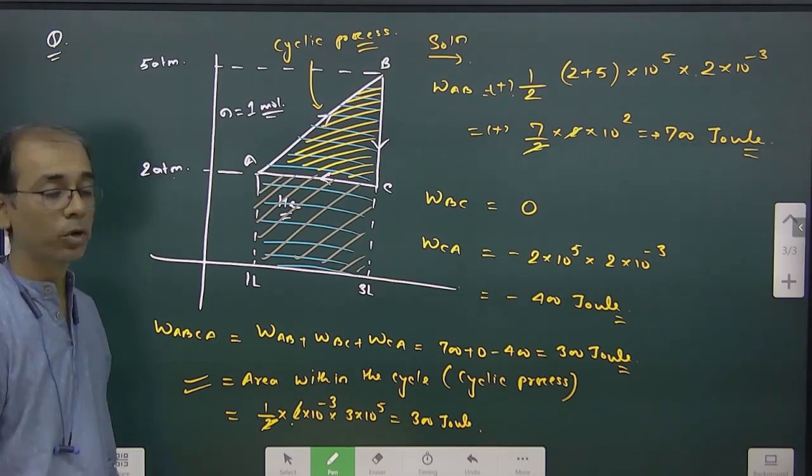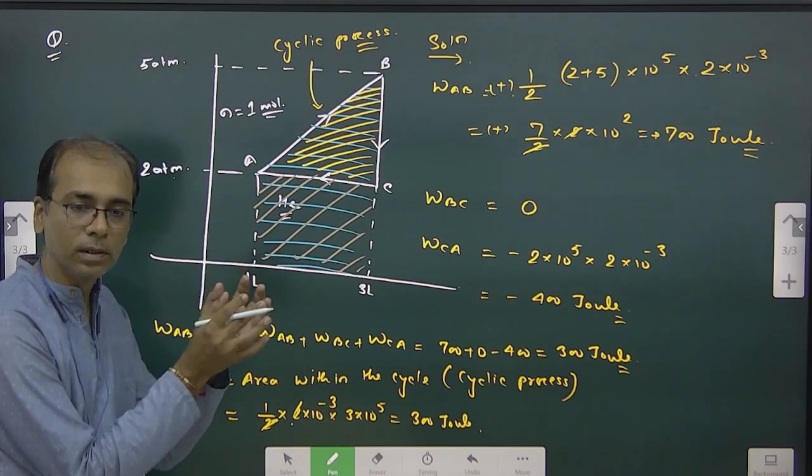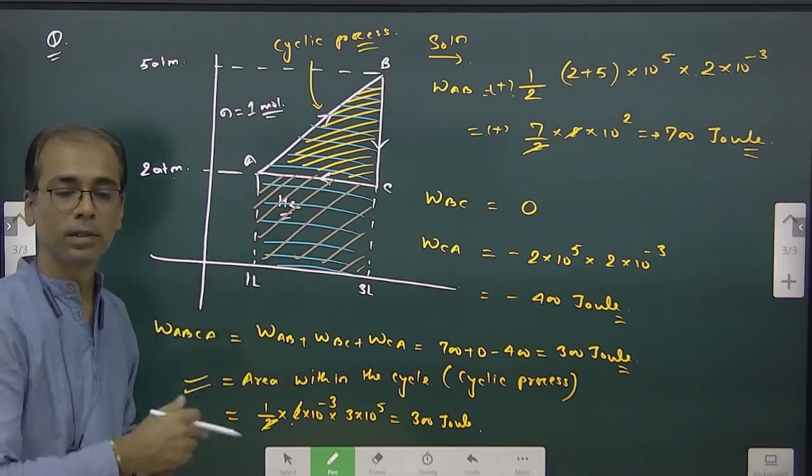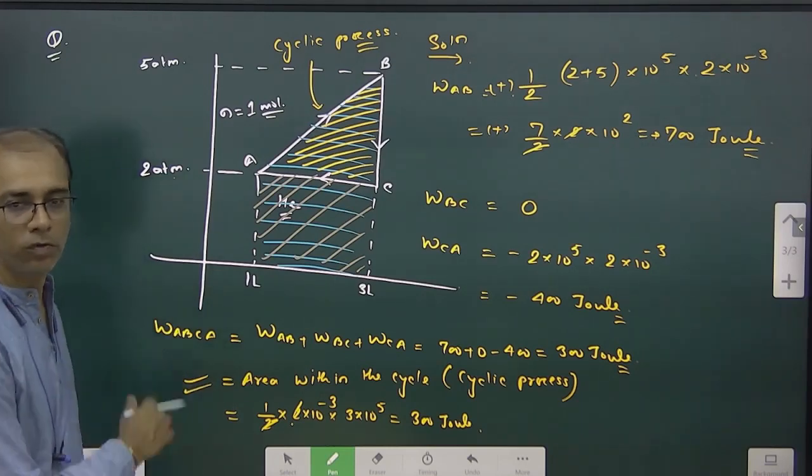Okay, so in a cyclic process, just find the area within the cycle itself. That is the work done in a cyclic process. Right? Note first.